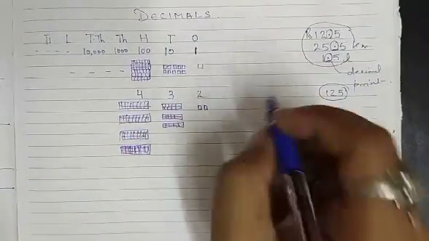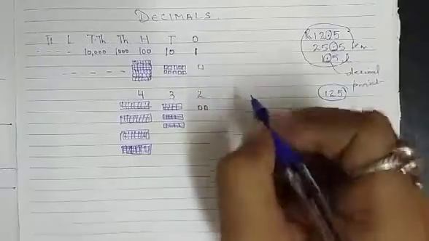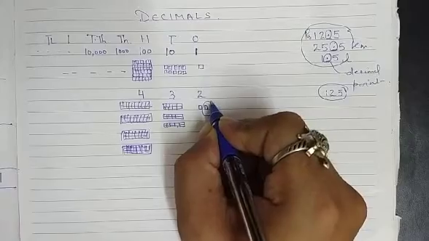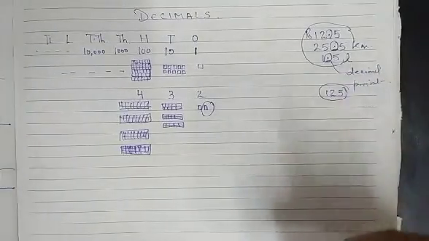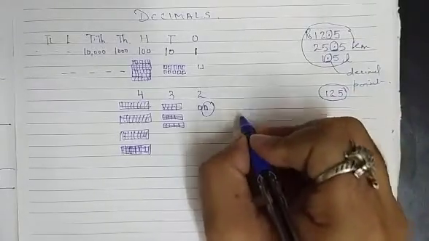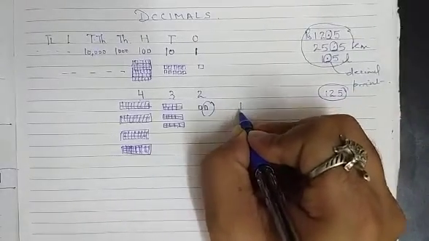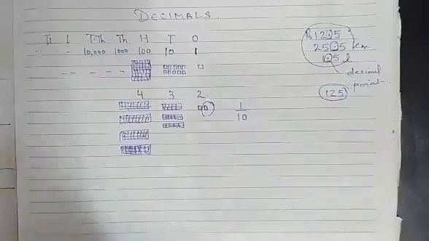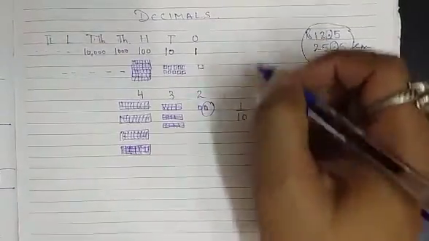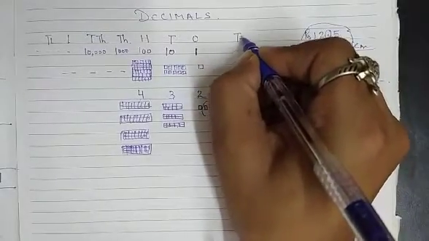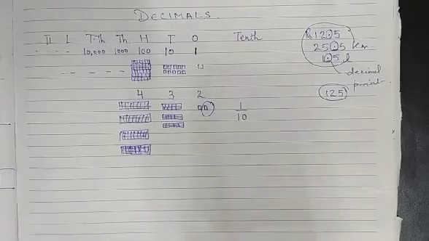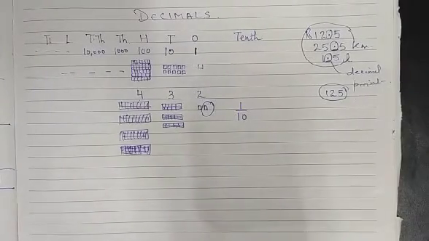Clear? Now, after this, if I want to break this single piece of chocolate into several parts, for example 10 parts, then we can write it as 1 upon 10, right? And the place value of this will become tenth. Clear?